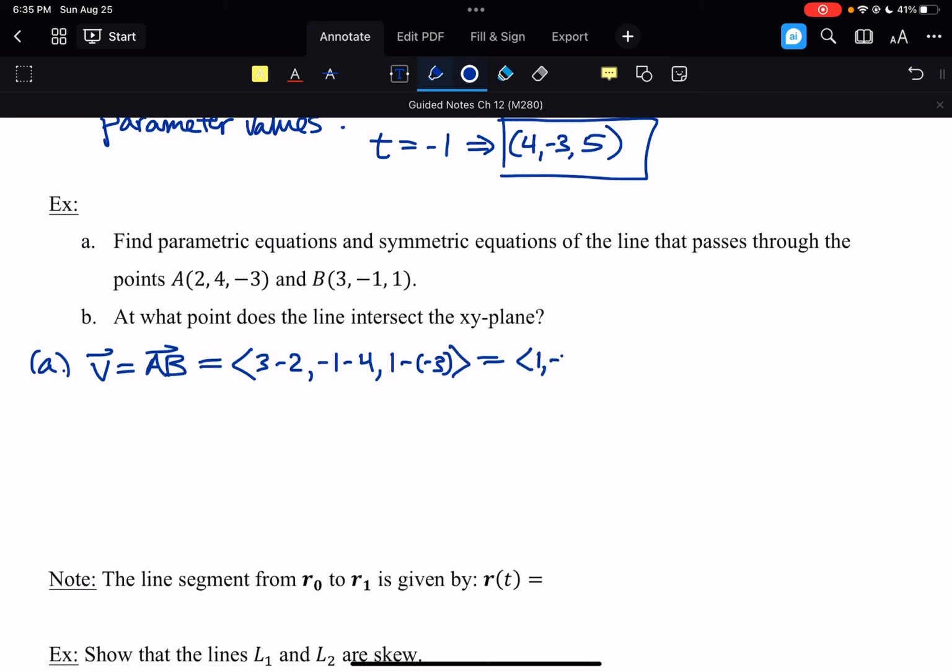So that's 1, negative 5, 4. That will be our direction vector. And our position vector, you can pick either point, but since I used A as the initial point here, I'll go ahead and just use A. So that'll be 2, 4, negative 3.